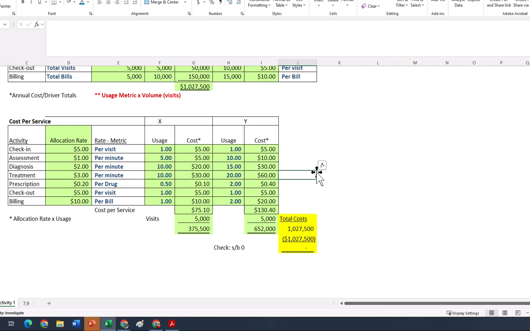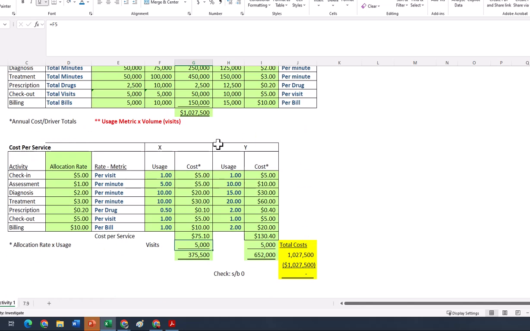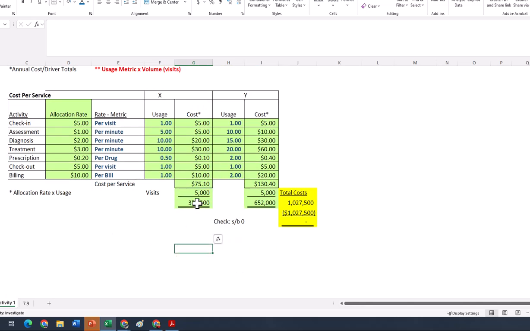We always want to check our work, right? Yes, we do. So we take our cost per service, we multiply it by the number of visits that we've linked to the assumption table. We add the two together, 75 times 5,000, that 130 and change times the 5,000.